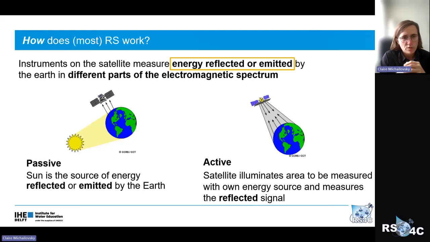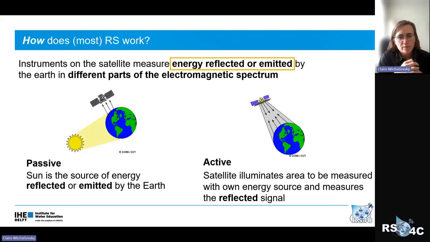Another portion of the energy emitted by the sun is absorbed by the Earth and then re-emitted in the form of thermal energy, and this can also be captured by the satellite. We call it passive because the instrument isn't emitting any energy, it's only capturing the energy reflected or emitted by the Earth.